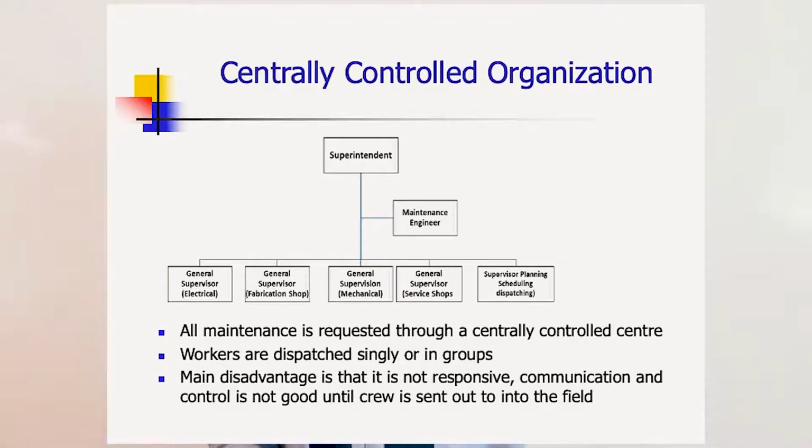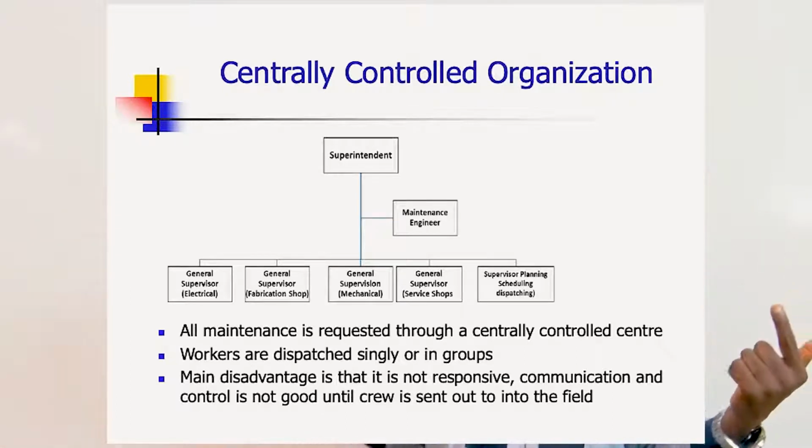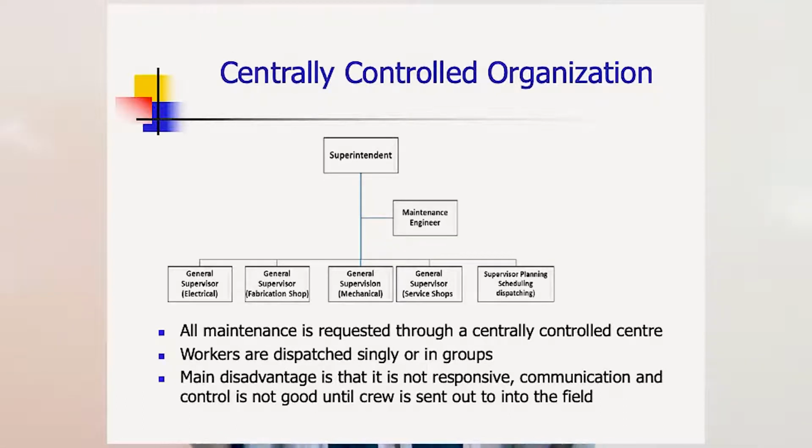And then you have supervisors, area A, area B, area C, supervising the planning and reporting to the area coordinator. So essentially, you have an organized setup that breaks down into area level arrangements that are coordinated by a general superintendent, which we may decide to call the national maintenance manager or the national maintenance coordinator or superintendent or whatever.